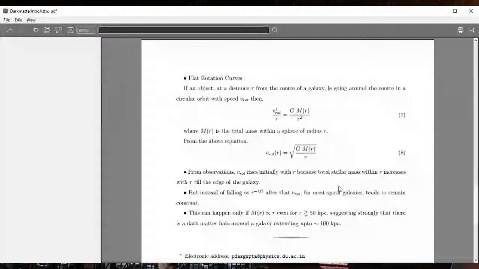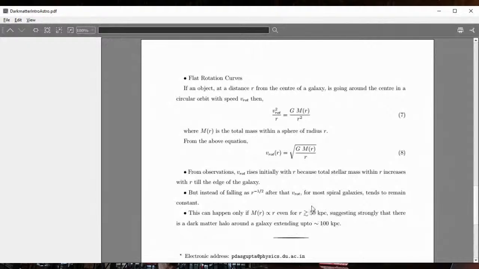But nevertheless, given that there are no stars, this matter, for which density goes as 1 over r square at distances greater than 50 kiloparsec, must be dark matter. So there is a dark matter halo around every galaxy, and the halo extends up to at least 100 kiloparsec.